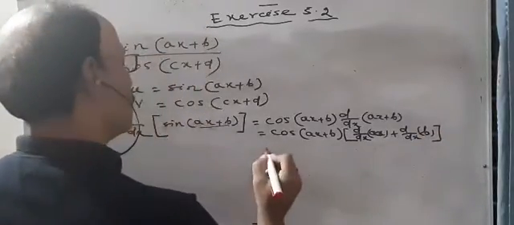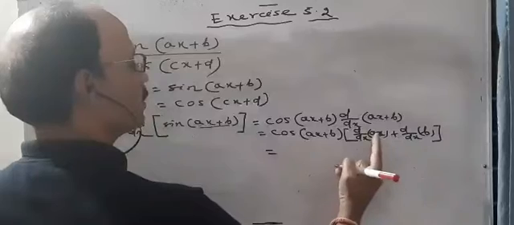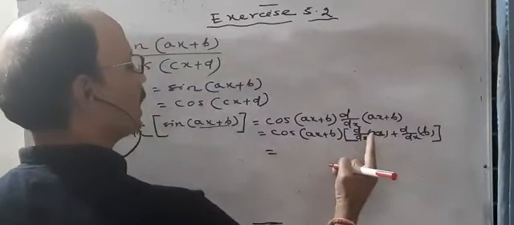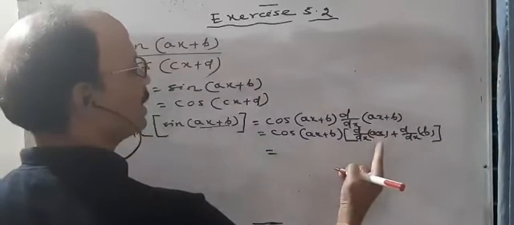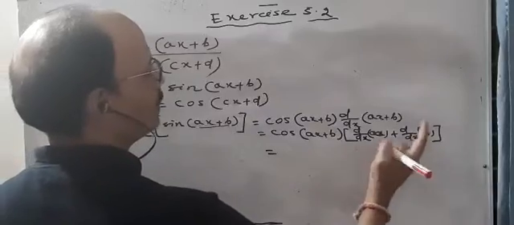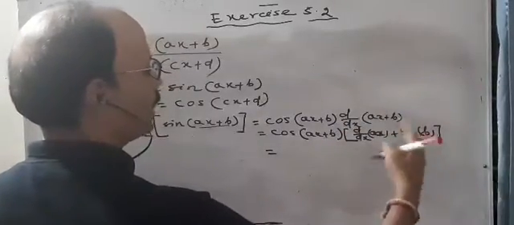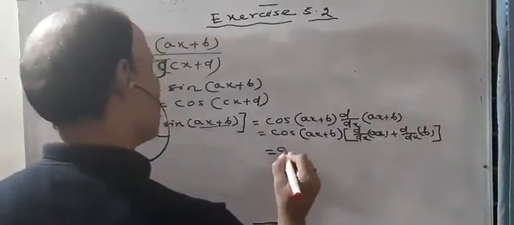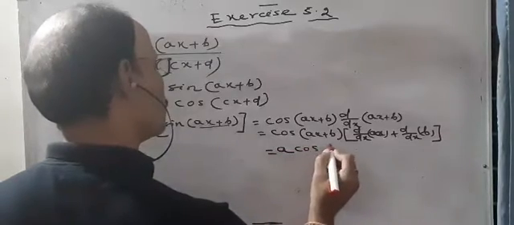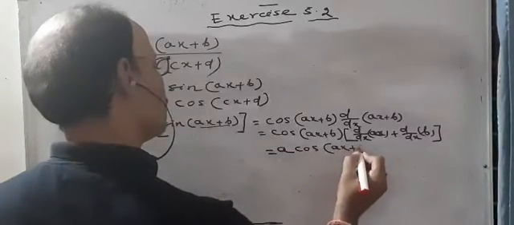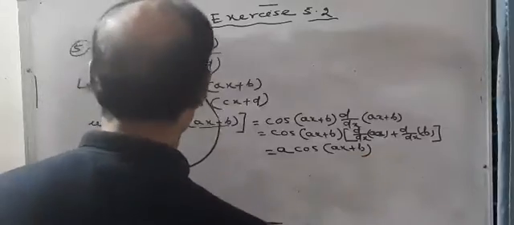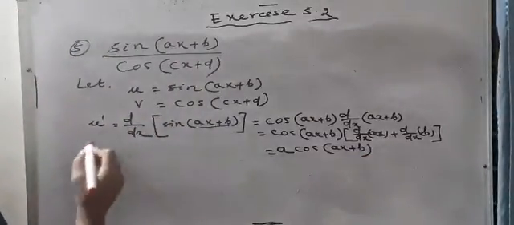Now d dx of ax will be a, and d dx of b will be 0. So finally we get a cos ax plus b. This will be the value of u dash.